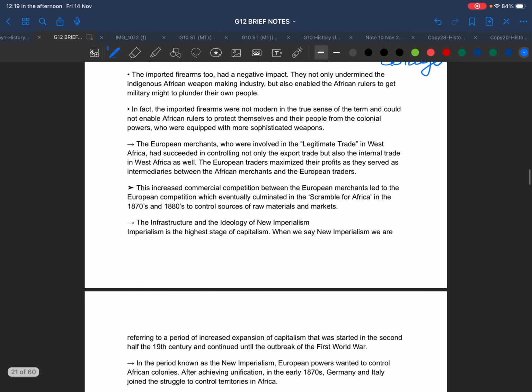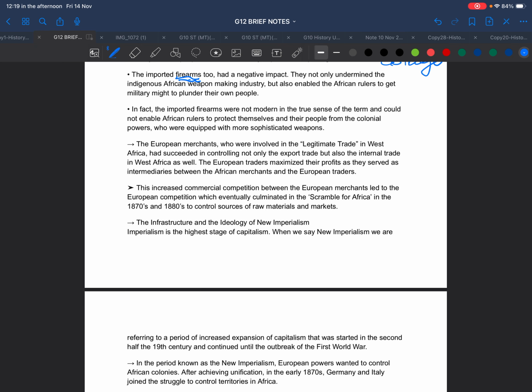They imported firearms too. Firearms, meaning weapons, had a negative impact. They not only undermined the indigenous African weapon-making industry, but also enabled the African rulers to get military might to plunder their own people.